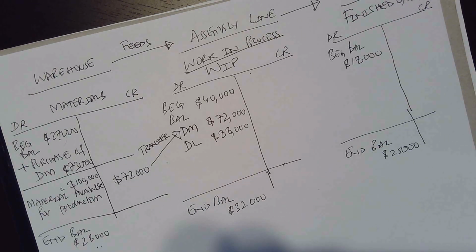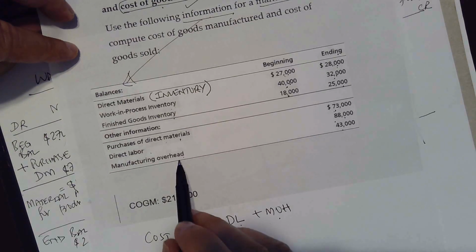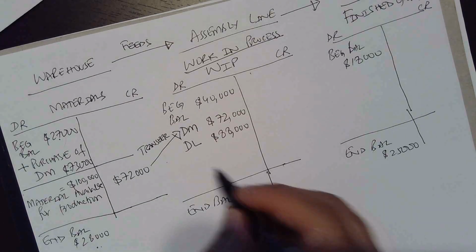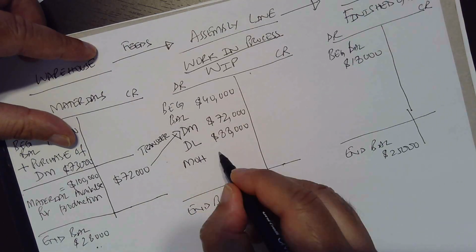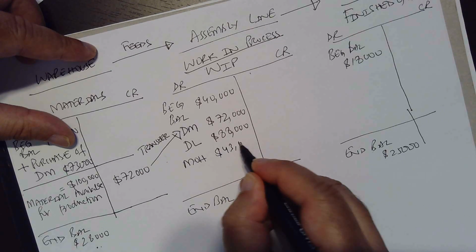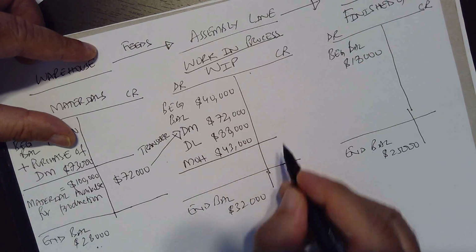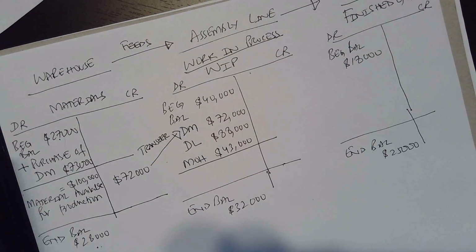And you also are given a manufacturing overhead of $43,000. So during this period, how much money have you invested?